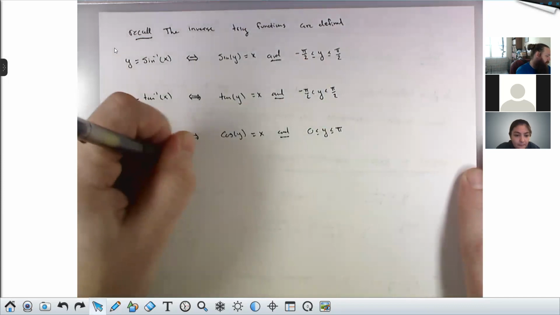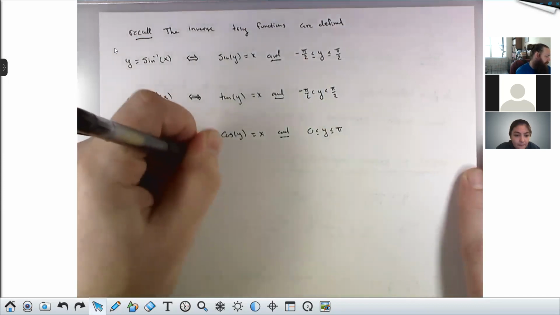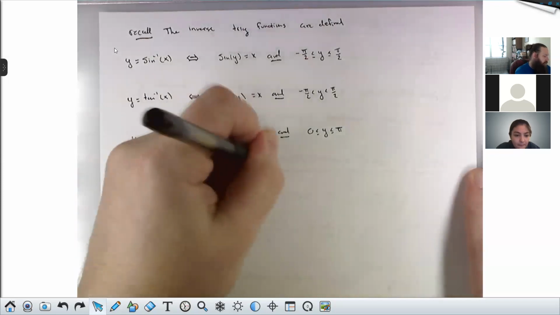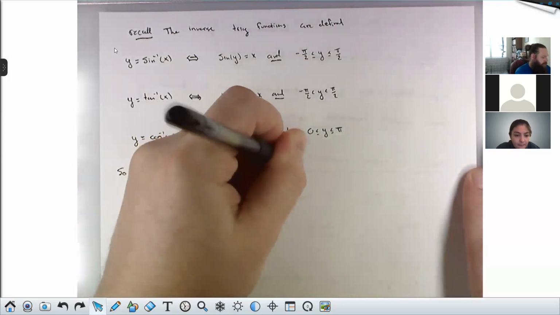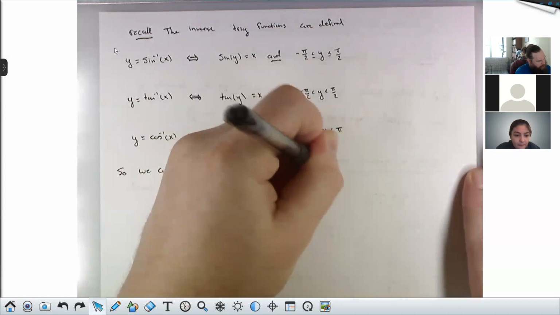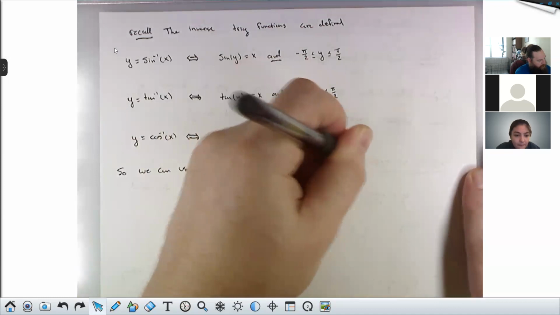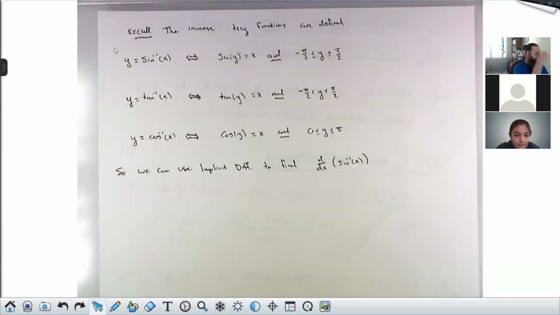So we can use implicit differentiation to find, for example, d/dx of the inverse sine of x. I want to take this and find y prime.